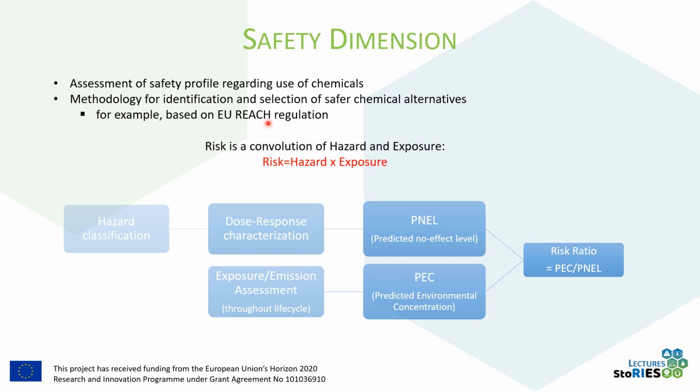And in this case, the risk is a convolution of hazard and exposure. The risk of a chemical substance is not just how dangerous it is, but needs to consider also the probability to be exposed to that substance. Somehow it accounts for the level of exposure too.